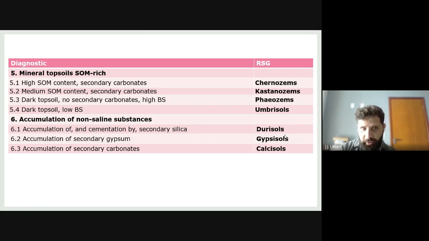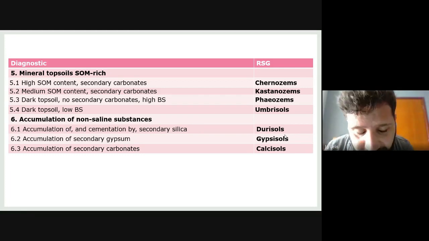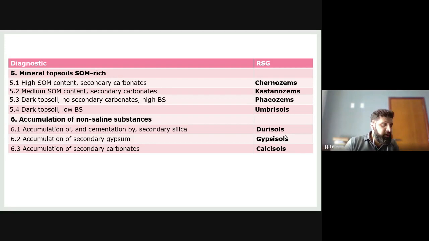So the gypsisol is related to gypsum, and soils that possess a high calcium sulfate content are gypsisols. We also can find some soils that possess a high content of secondary carbonates, especially calcium carbonates. So those soils that possess a high secondary carbonates content are called calcisols, calcium carbonate soils.